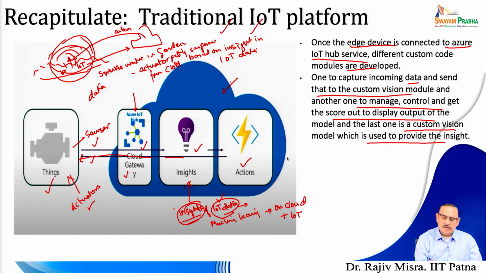So, that is why, for running this machine learning model to get the insights, the data from an IoT needs to be sent to the IoT platform. So, what is the drawback?